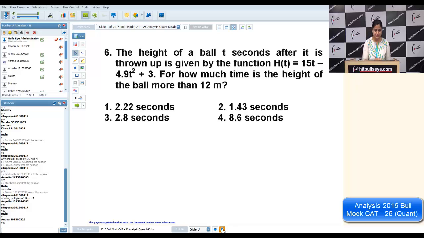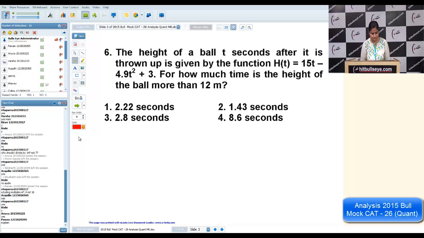Yeah, question number 6. Easy. Any problem in this? If you have a problem in question number 6, please write, explain. Yes, Pavan. The height of a ball t seconds after it is thrown up is given by the function h(t).